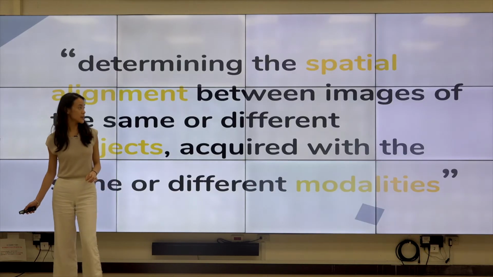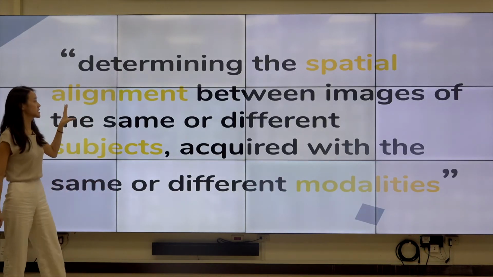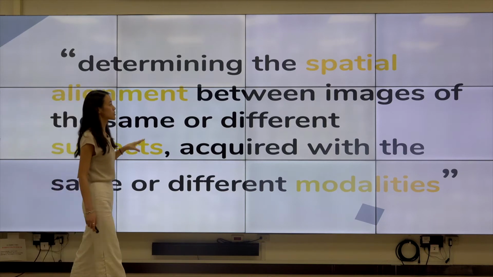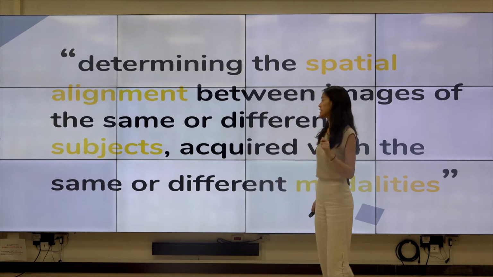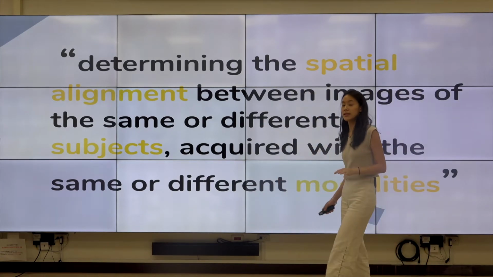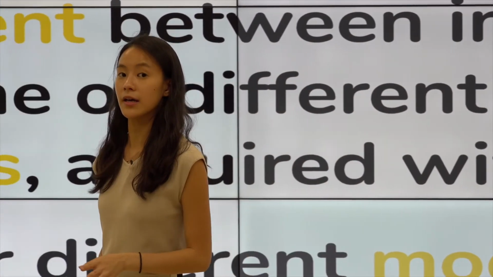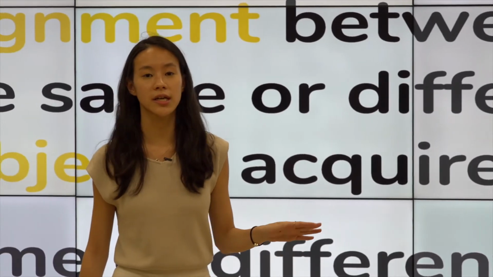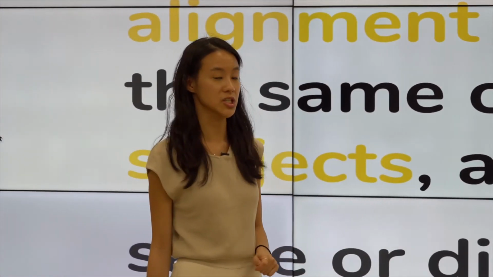And so one thing to note is that as a summary of what registration is, it is determining the spatial alignment between images of the same or different subjects acquired with the same or different modality. So that's something that we're going to go into a little bit deeper in the remaining of the lecture, where registration can occur in multiple kind of scenarios and in multiple kind of situations.